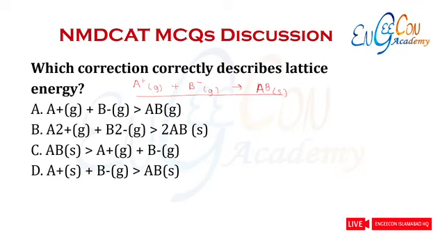So if we see A+ gaseous, B- gaseous forms AB gaseous, no, AB is solid. A2+ gaseous, B2- gaseous forms 2AB solid. Now this is 2 here, not 1 mole. AB solid breaks into A+ gaseous and B- gaseous. So this is the correct relation, that is opposite to the relation I have described at the top.